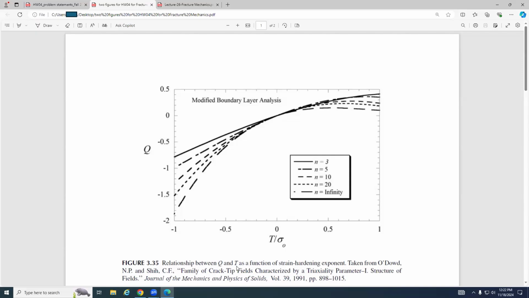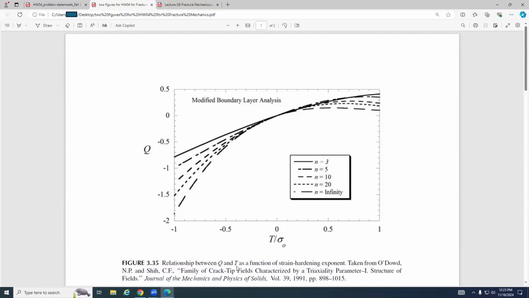Okay, so this is Q, and from figure 3.7, 3.35, and based on this one, and also n equals 10, we can get Q equals negative 0.275, and you just draw a vertical line. Then you get this value.